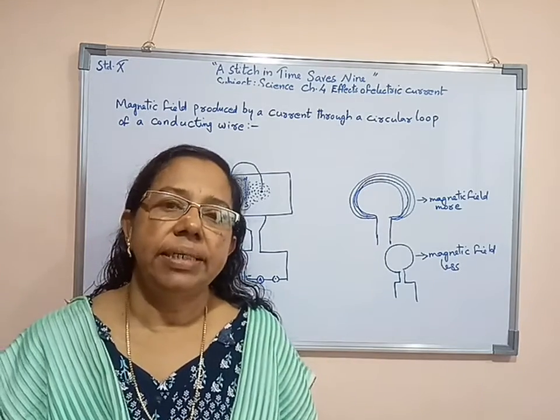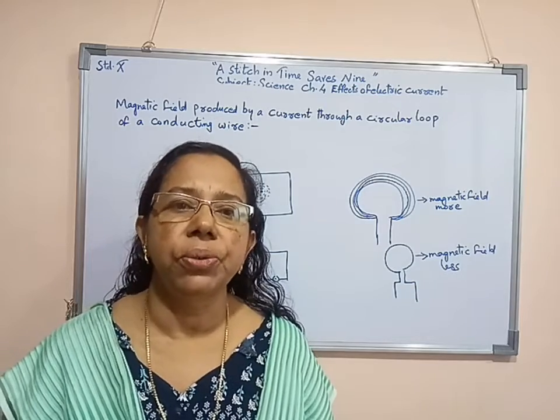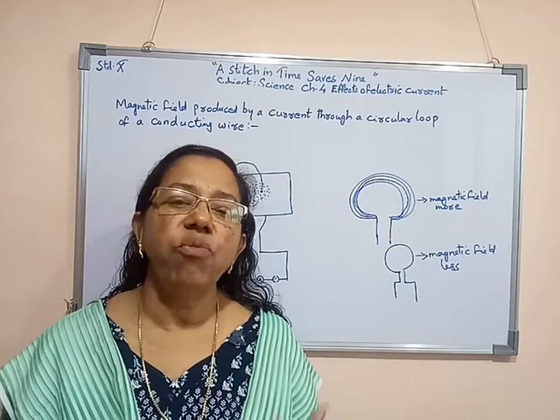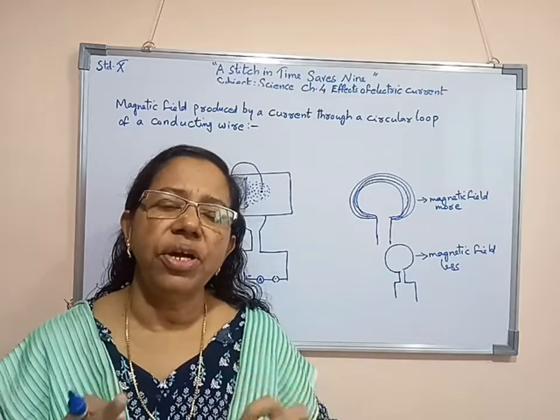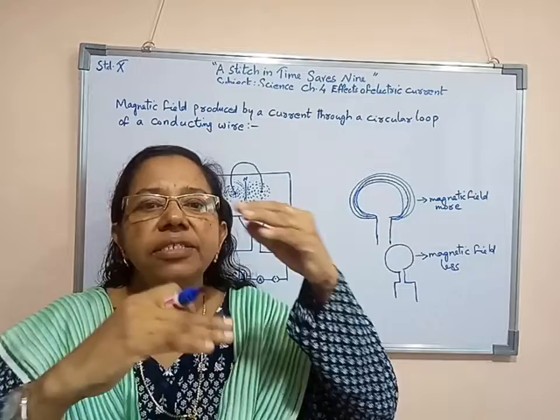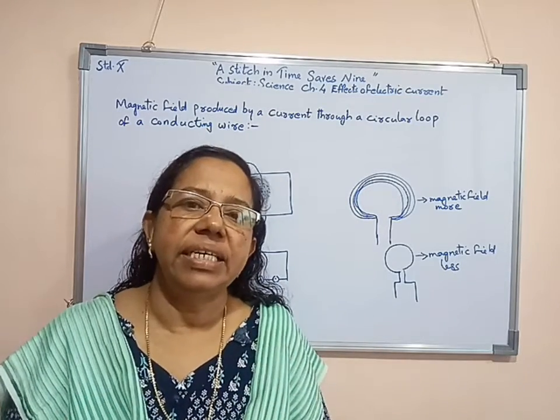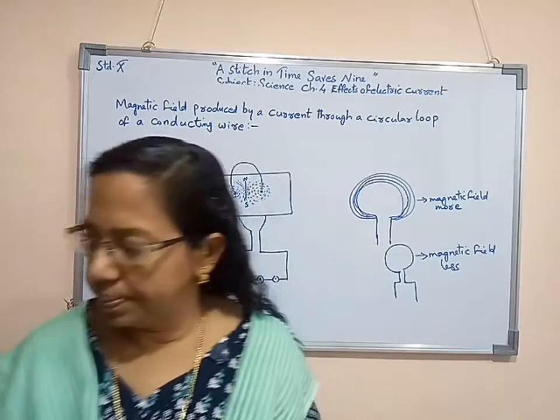Now we will study the magnetic field due to current in a solenoid. Now what is a solenoid? Solenoid means, just imagine a large spring. Now let us study with the help of a diagram.